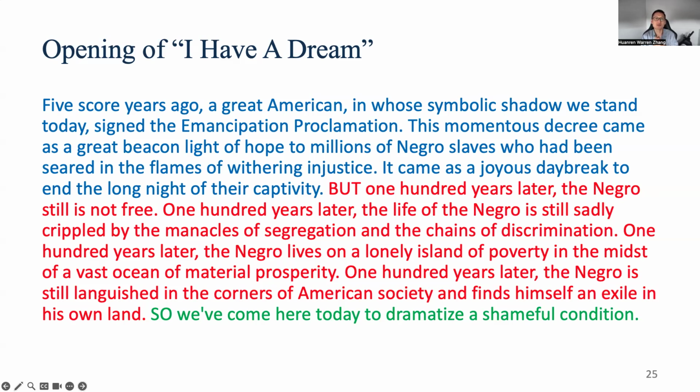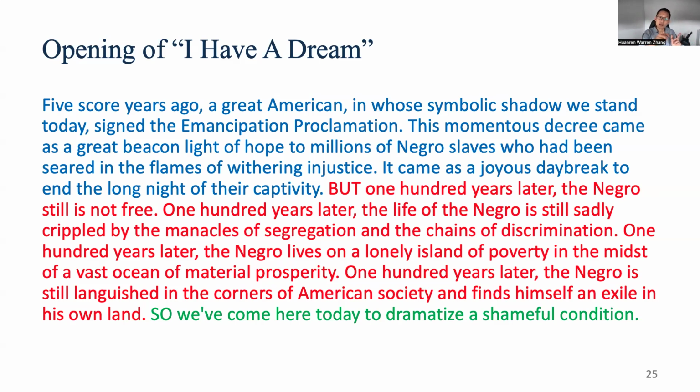It came as a joyous daybreak to end the long night of their captivity." So this highlights the great promise established by the Emancipation Proclamation, by President Abraham Lincoln. That set the context, right? So it's a great promise.